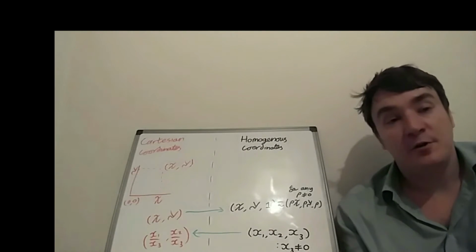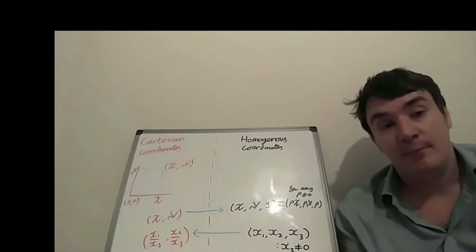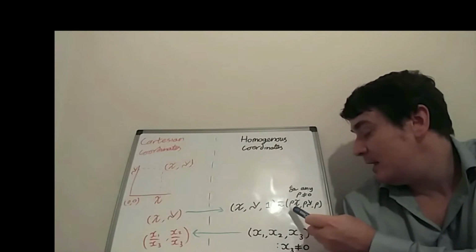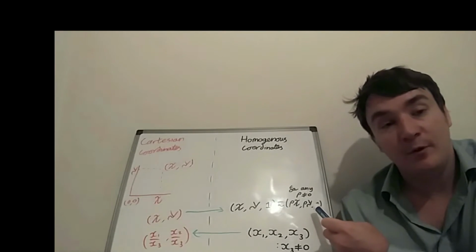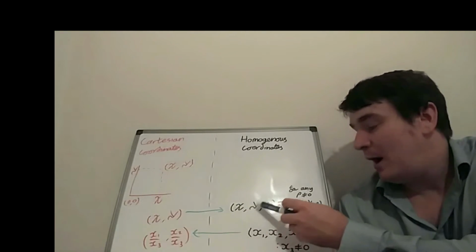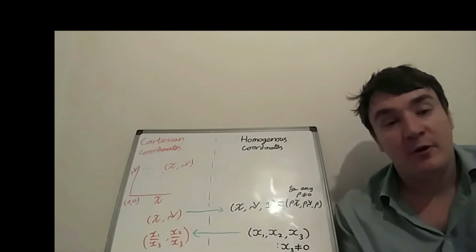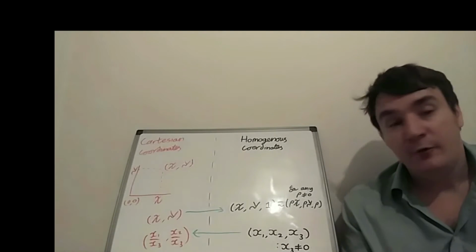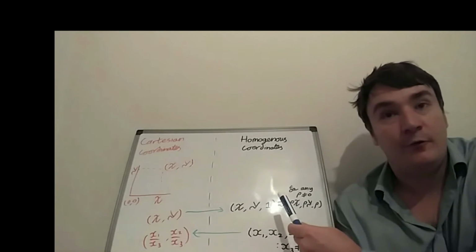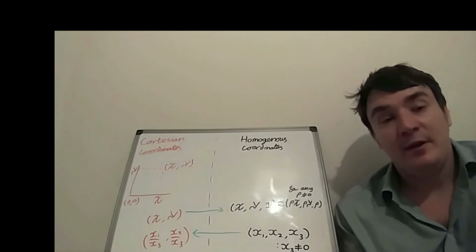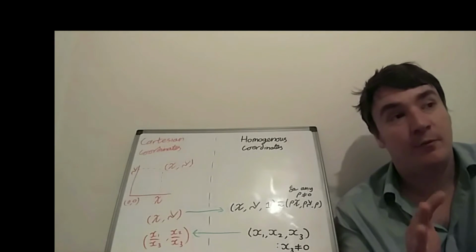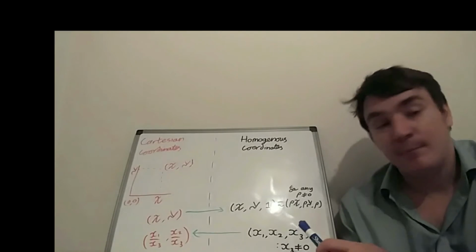Now, these being homogeneous coordinates, all that really matters is the ratio between these three numbers. So we're free to multiply them by any non-zero term, and we still get a description of the same point. So (x, y, 1) is equal to (2x, 2y, 2), and so on. So that's how you go from Cartesian coordinates to homogeneous coordinates. So we see that homogeneous coordinates in a way are at least as descriptive as Cartesian ones. Now how do we go back again?